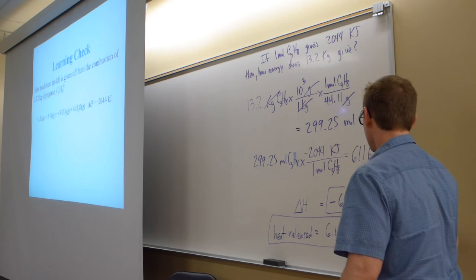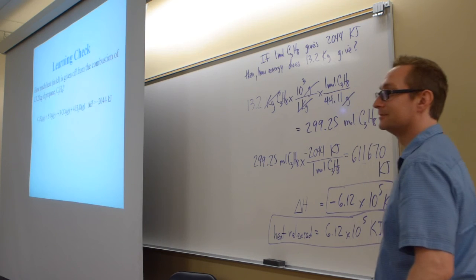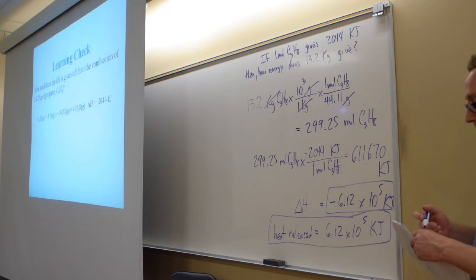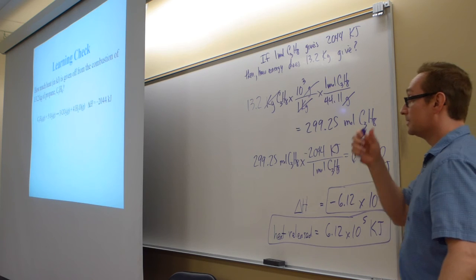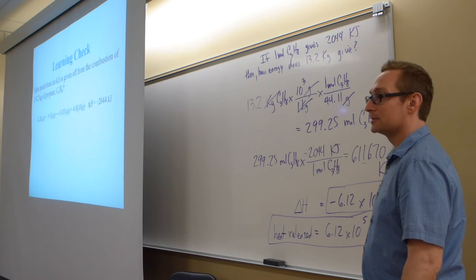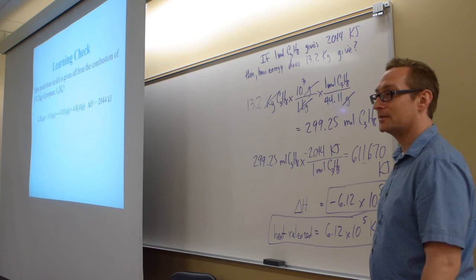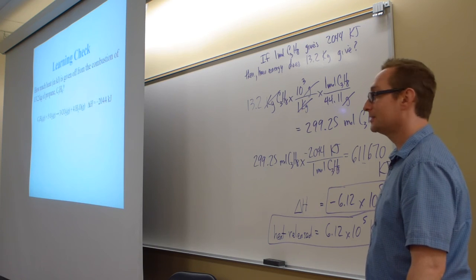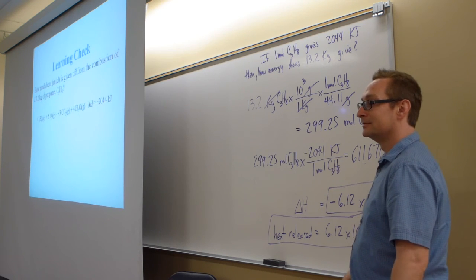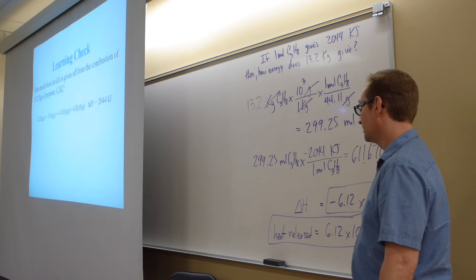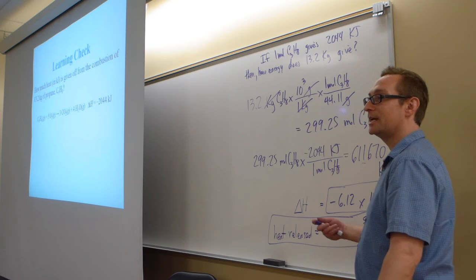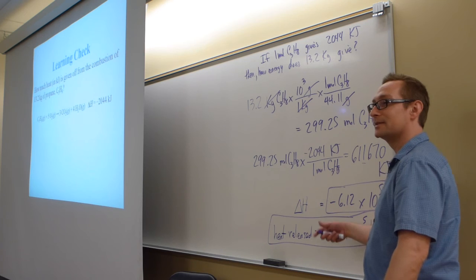But again, if you just gave me a negative sign, that's fine, I'll take that. But in your Mastering Chemistry homework, it might be a little sensitive to that, just FYI. So if it asks for how much heat is released, just take the negative out. Versus if it asks you for the change in energy, keep the negative in there.